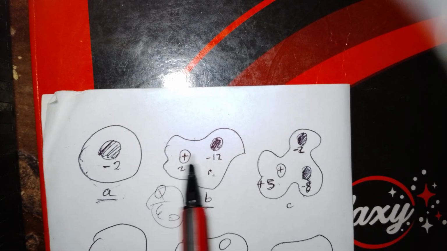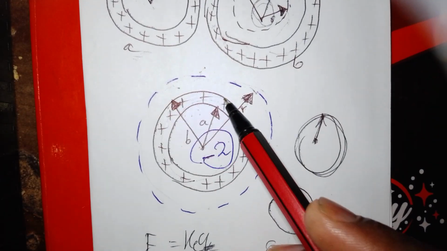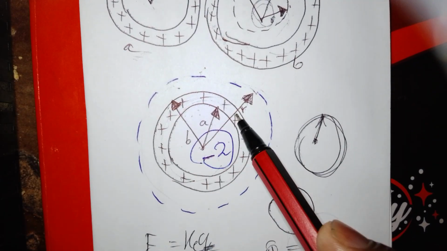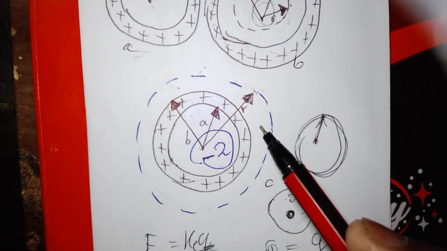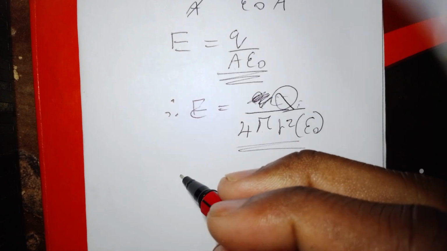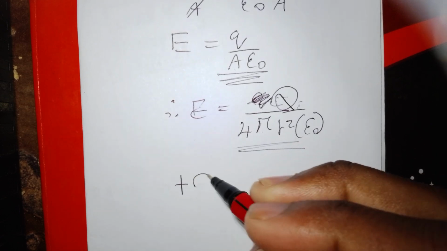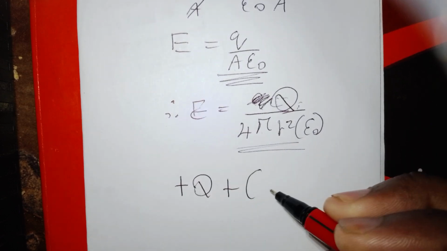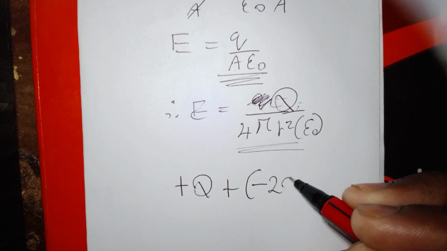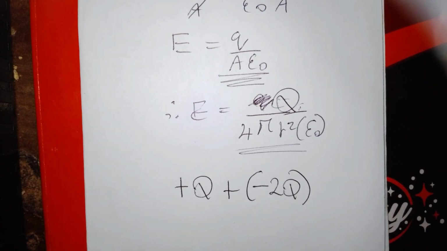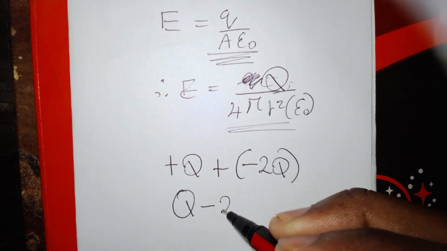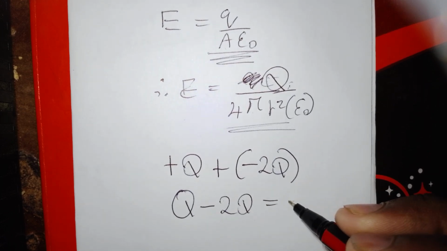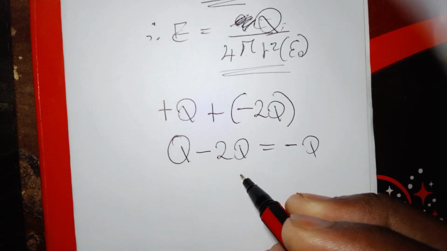This here is a positive charge inside a Gaussian surface. Then they've added another negative charge, so it will be the positive charge plus the negative charge, which is 2q. So it's going to be q minus 2q, which is equal to negative q.